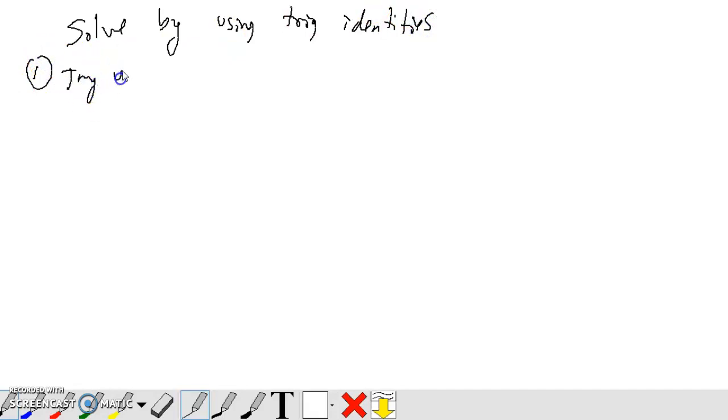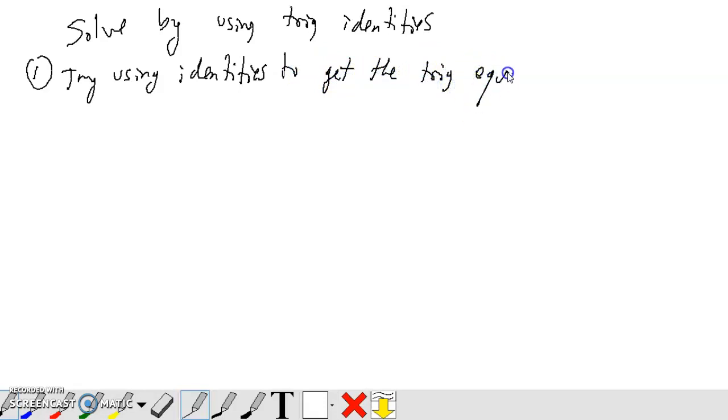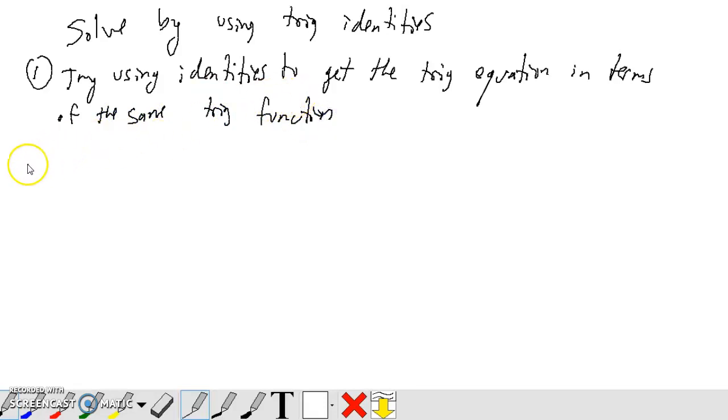Try using our identities to get the trig equation in terms of the same trig function, especially if I can't factor something out.